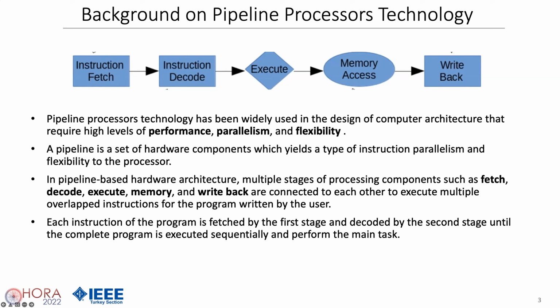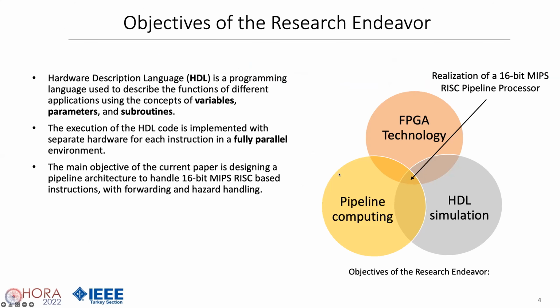Each instruction of the program is fetched by the first stage and decoded by the second stage until the complete program is executed sequentially and performs the main task. Hardware Description Language, HDL, is a programming language used to describe the function of different applications using the concept of variables, parameters, and subroutines.